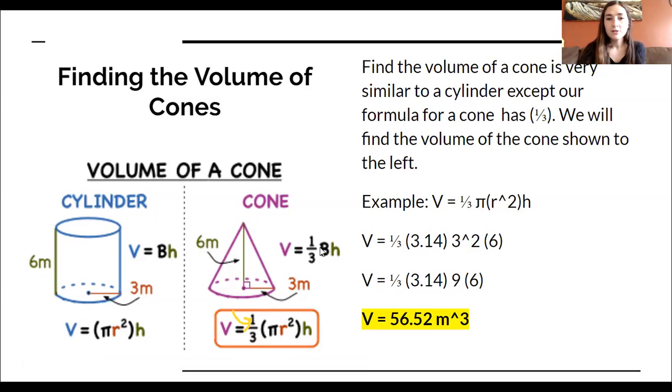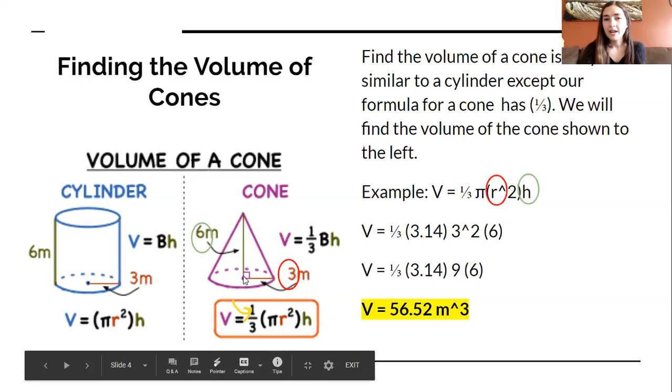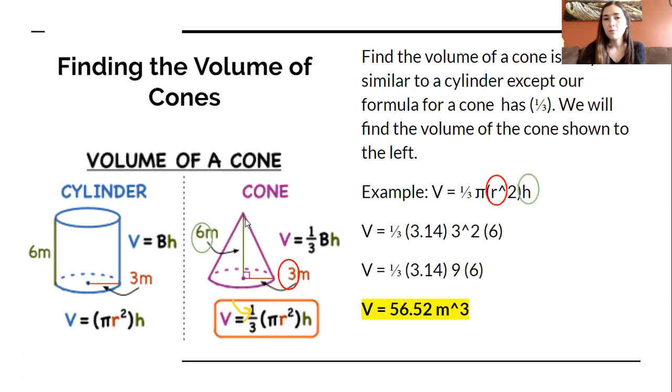Okay, so first we identify the radius and the height. The radius is 3 and the height is 6. As you see, the radius goes from the center of the circle out to the outside of the circle, so radius is 3. Our height goes from the center of the circle up to the point of the cone, and that is 6.